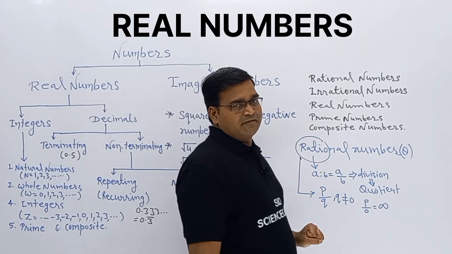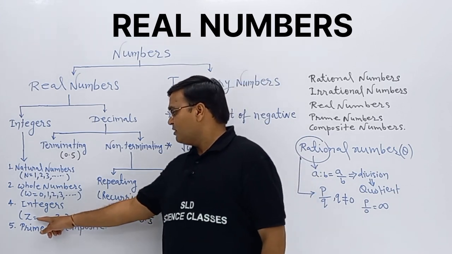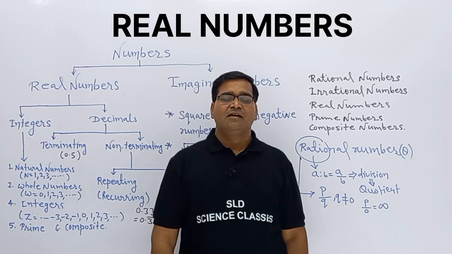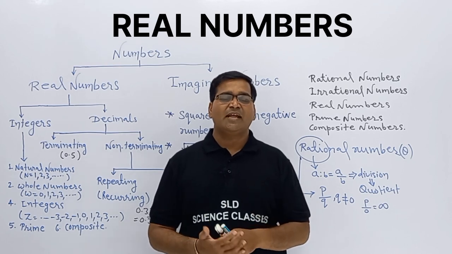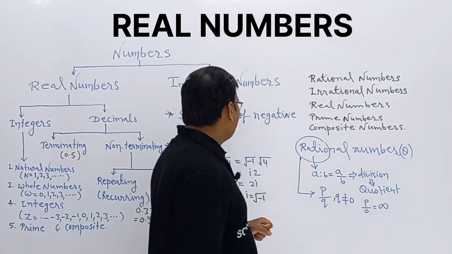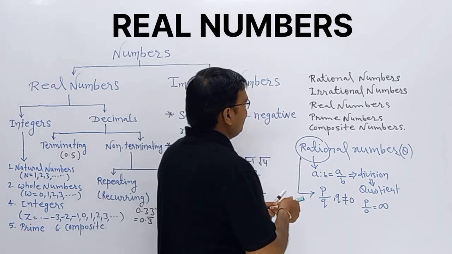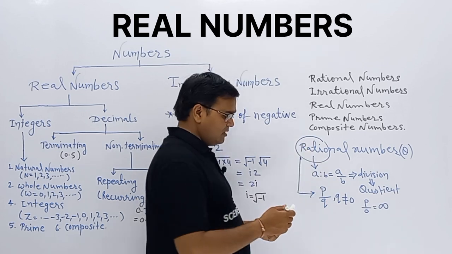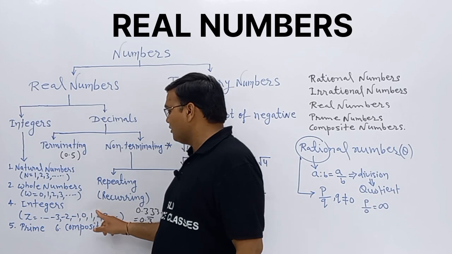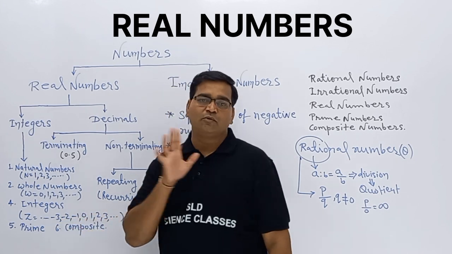Now next one, in the rational numbers, all integers that we studied are rational numbers. So rational numbers have all integers. How? Once we put the denominator equal to 1, like we have the numbers -1, -2, -3, 0, 1, 2, 3, we get the P upon Q form.